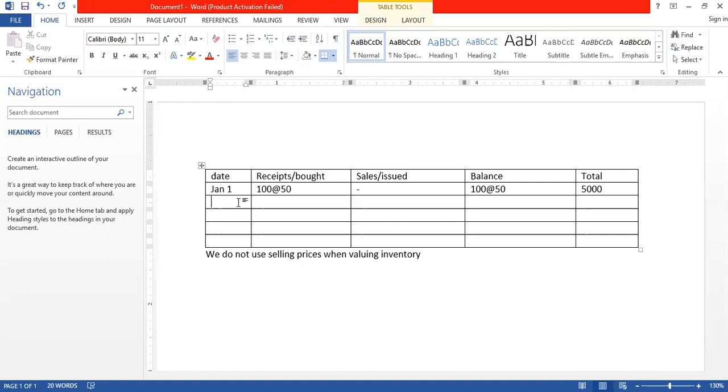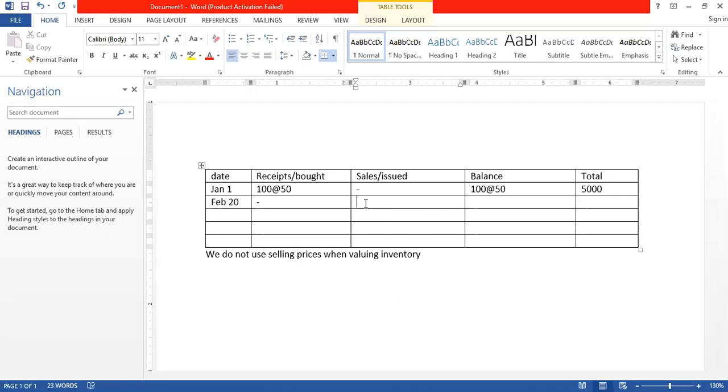We do not use the selling prices, right? So in February the 20th, you record the date, February the 20th. What did you do? We did not buy anything, so it's 0. However, we sold. So how many units did you sell?